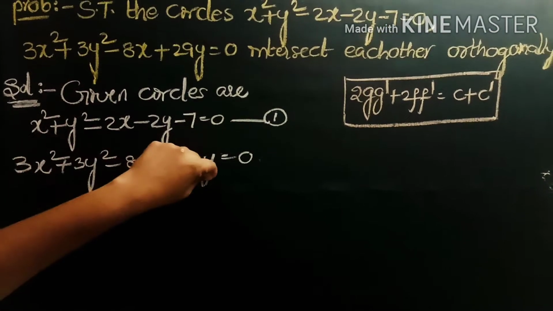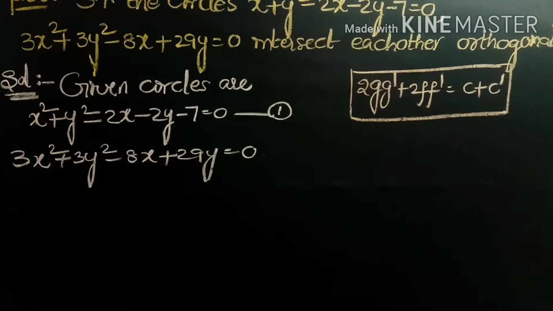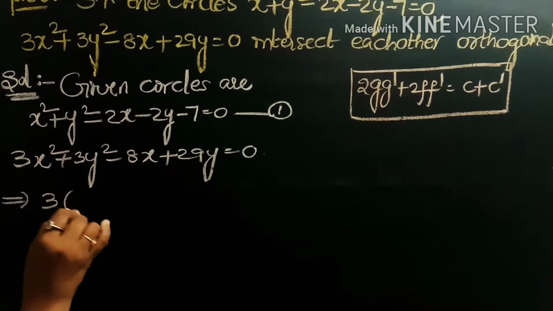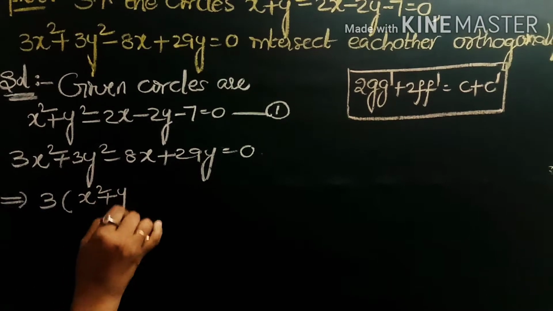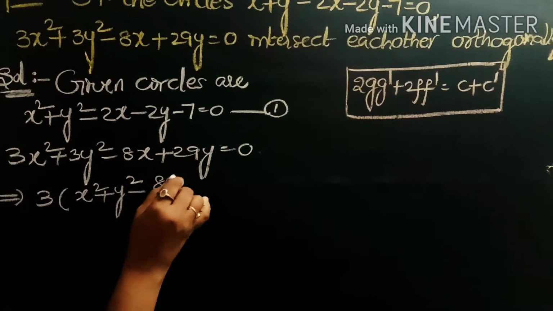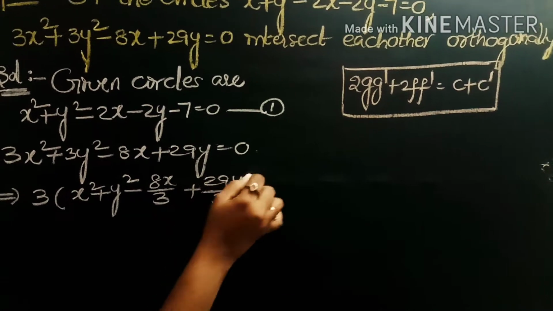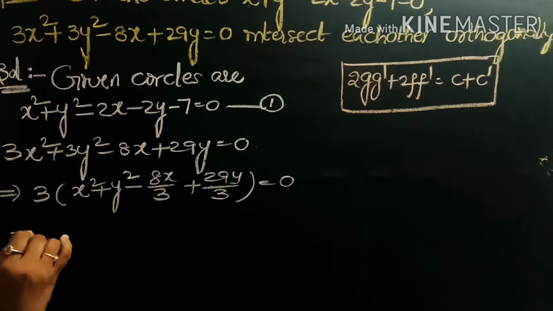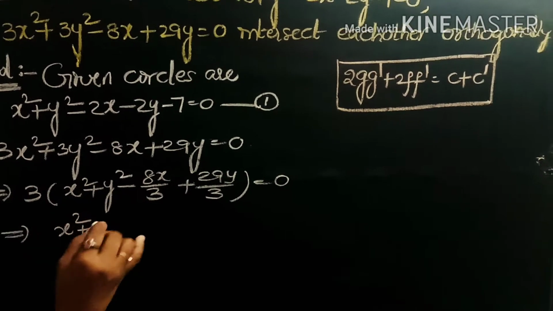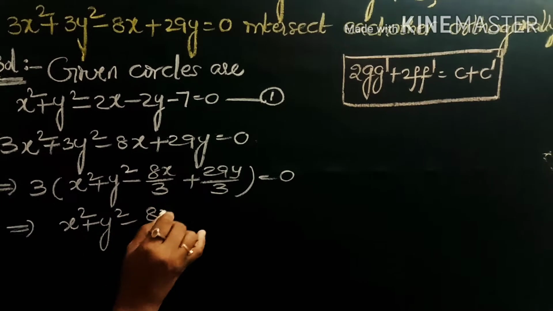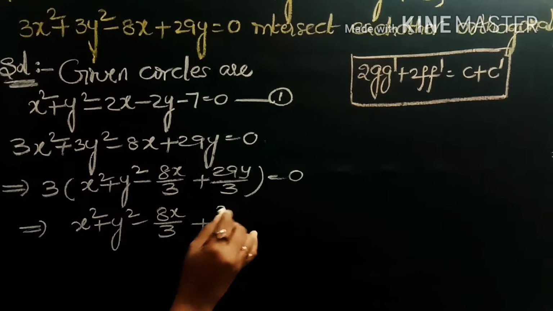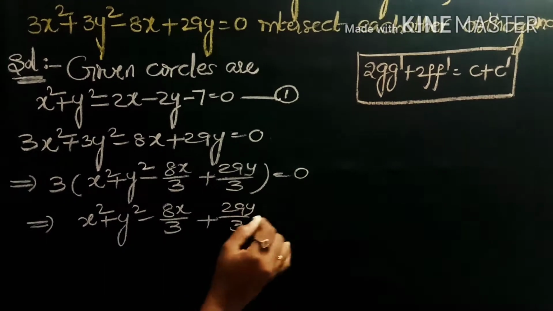Means we divide this total equation by the number 3, that is taking 3 common here. 3 into x square plus y square minus 8x by 3 plus 29y by 3 is equals to 0. That is x square plus y square minus 8x by 3 plus 29y by 3 is equals to 0.